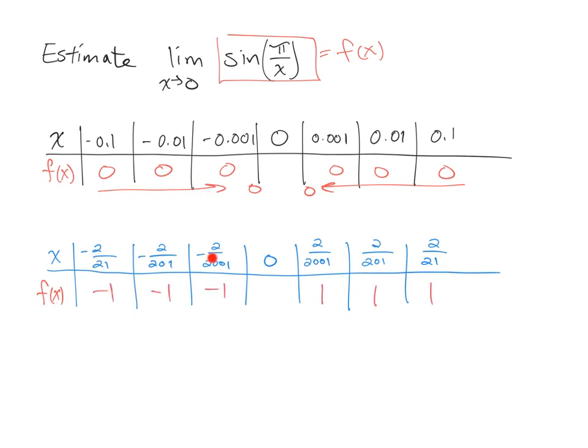The negative versions of these values give you -1, and the positive versions of these values give you 1s. So now it looks like we have the same exact function up here. I've substituted all these numbers in for x. From the left, as x approaches 0, we get -1, and from the right, as x approaches 0, we get +1. So up here, for this limit, we got something that was 0.